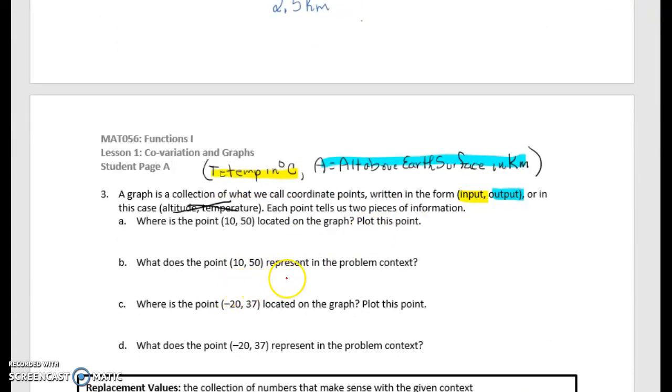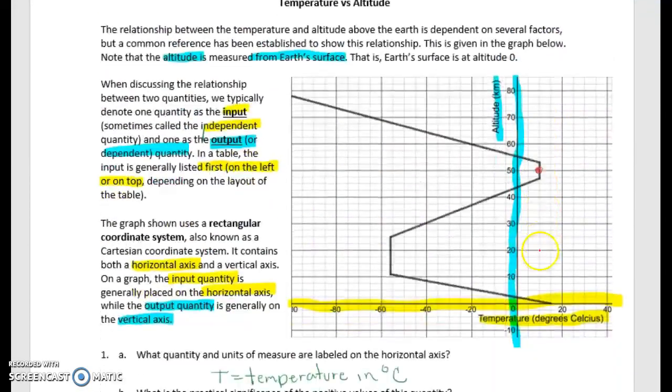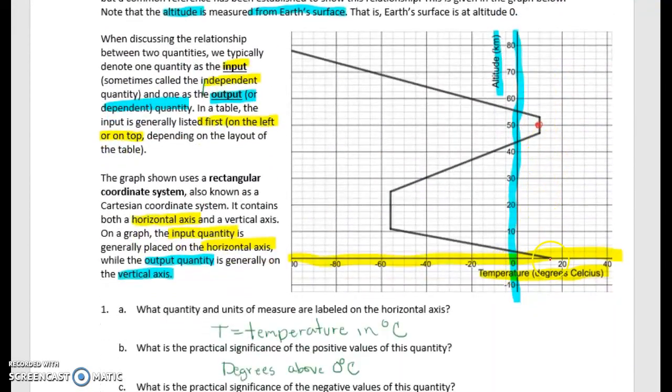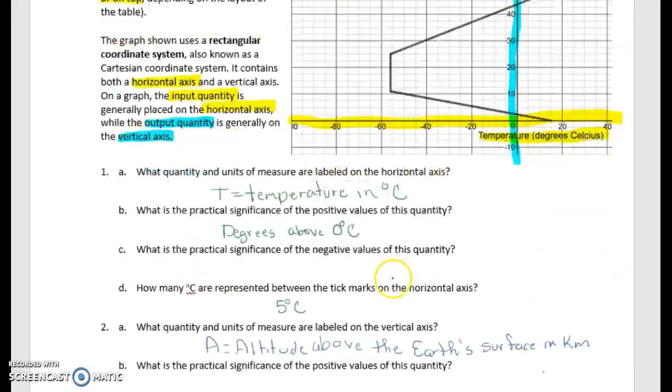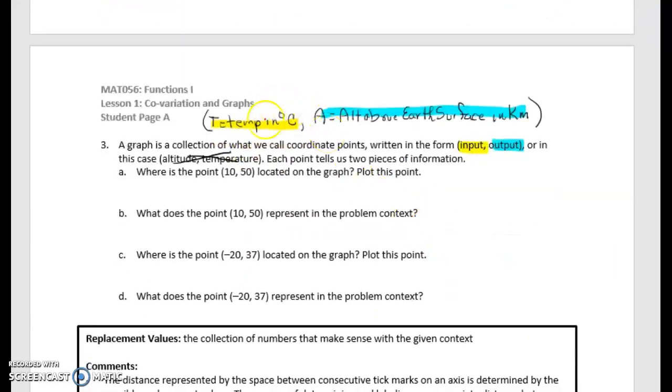What does the point 10, 50 represent? Well, we can read off the graph what it represents, because this is temperature and then the altitude is 50, or we can read right here in terms of our ordered pair. So 10 is representing the temperature, 50 is representing the altitude. So guys, we're using green for the temperature.